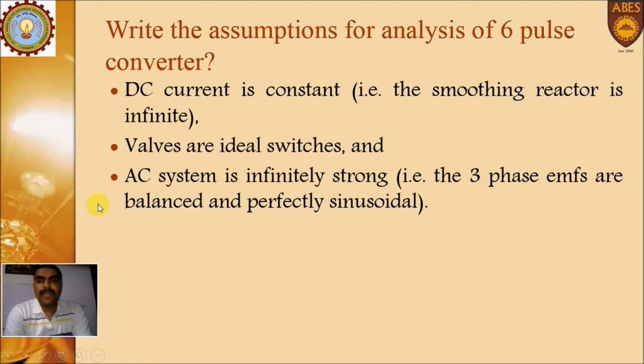Next, the AC system is infinitely strong. It means that the three-phase EMFs are balanced, having equal magnitude and a phase difference of 120 degrees with each other, and they are perfectly sinusoidal. So for the analysis of a 6 pulse converter, these are the assumptions.